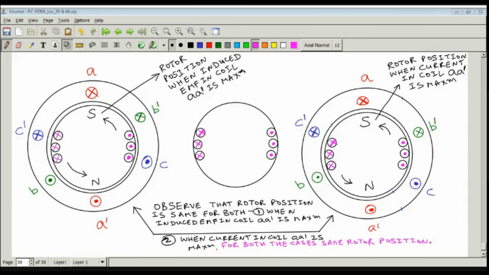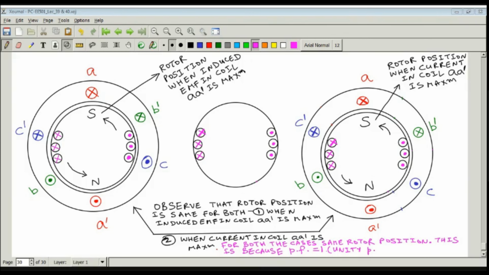This is because the power factor equals 1. That means a unity power factor load is connected.